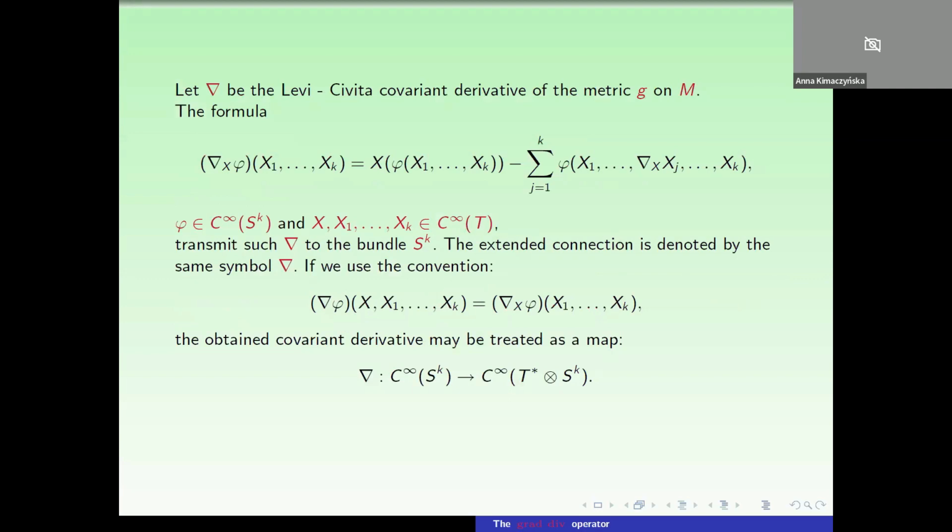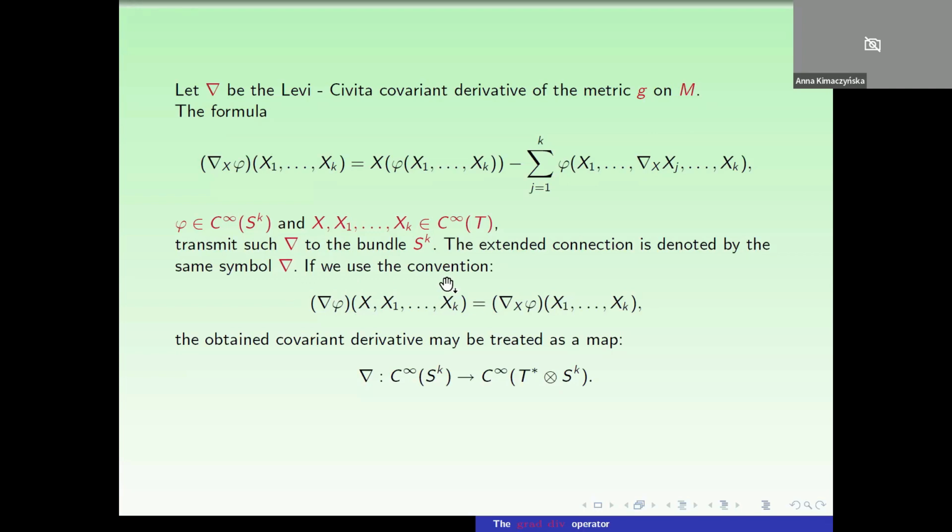Let nabla be the Levi-Civita covariant derivative of the metric g on M. The following formula for phi from C infinity of S^k and x1 to xk from C infinity of T transmit such nabla to the bundle S^k.